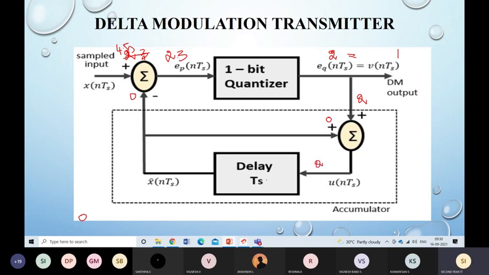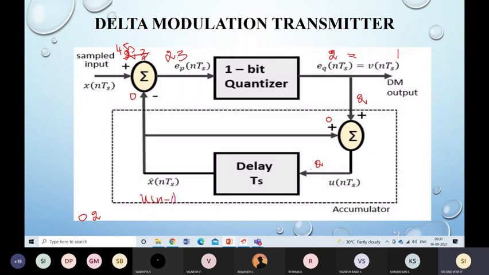Here you are going to delay it by Ts, so one shift comes before. We have to take whatever the previous sample was. So the previous sample is 0. After the delay, this is written as u of (n minus 1) Ts. Right, so this is its previous value.